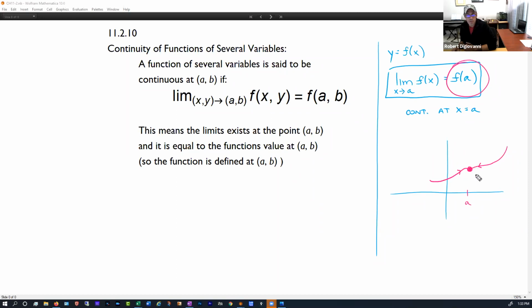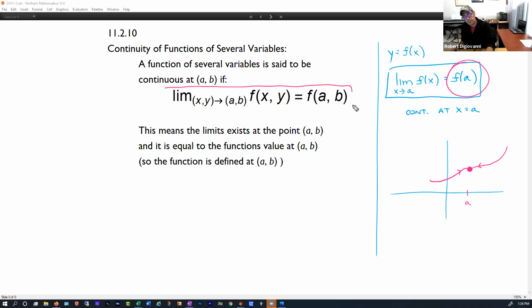And so in Cal 1, you're taught that continuity basically means that you can draw the function without picking up your pencil. That's the basic idea of continuity. So in functions of two variables, we have the same exact definition for continuity.